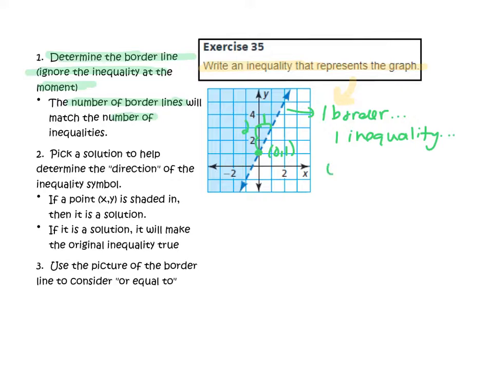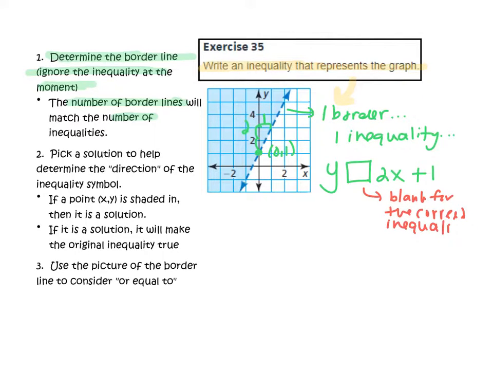For the borderline, I'm going to ignore the inequality symbol, so I'm just using a box to represent where the inequality symbol would go. I know the slope is a positive 2x, and the y-intercept is a positive 1. Again, all I'm indicating here is a blank for the correct inequality symbol, and we're going to figure that out in our next step. But first, we just want to get the borderline.